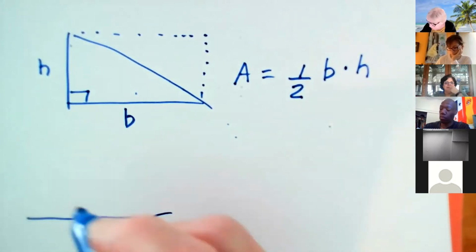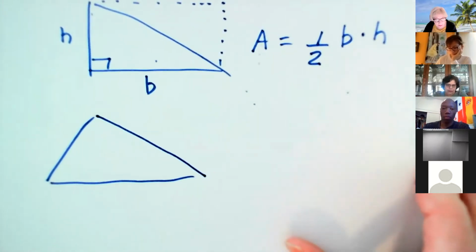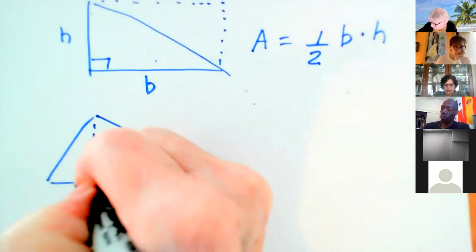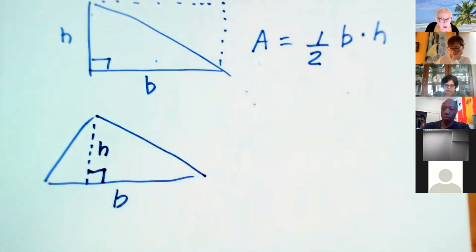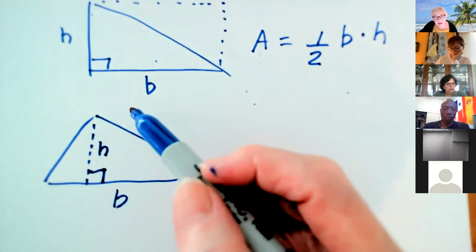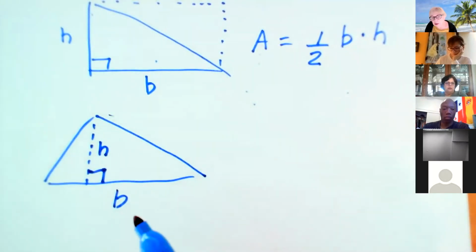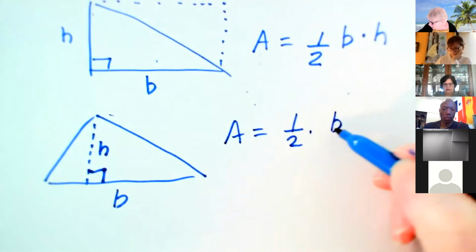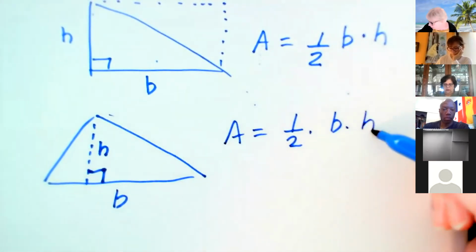Now, if they draw it differently, like that, then this is the base, and the height is this dotted line. So this measurement on the left and this on the right do not come into play when you're doing area, because the area is 1/2 times the base number times the height, and they've got to give it to you.